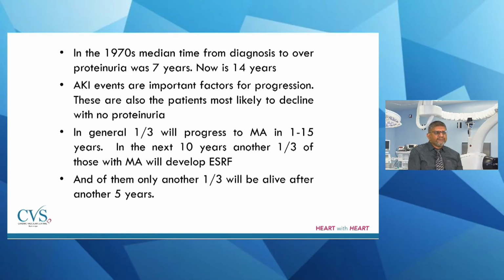And once end-stage renal failure develops, only 1/3 will be alive after another 5 years. So once your diabetic person develops end-stage kidney failure, on dialysis, renal replacement therapy, your 5-year survival rate is only about 30%, which is quite similar to many cancers. So that's why it's important to prevent patients from going on to end-stage renal failure.